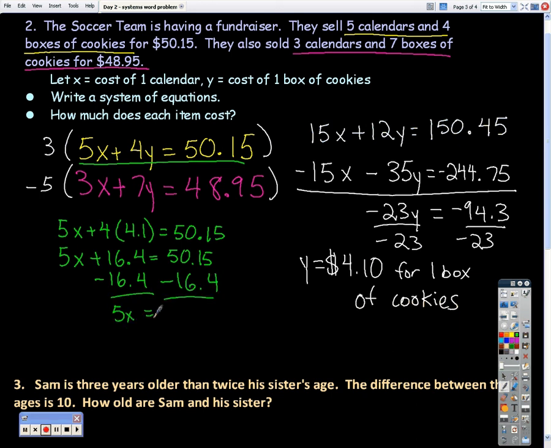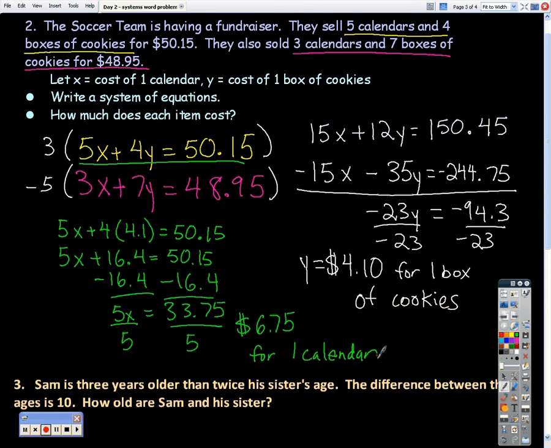And we get 5x equals 33.75. And we end up with the cost of 1 calendar being $6.75. That's how I spell calendar. And so that is how you complete a problem that gives you two kind of shopping situations.